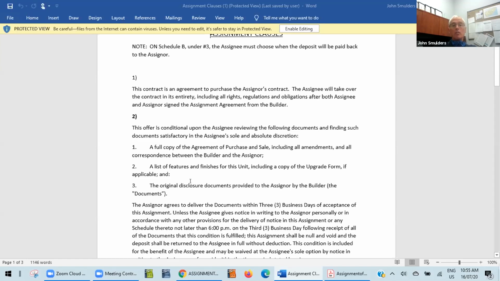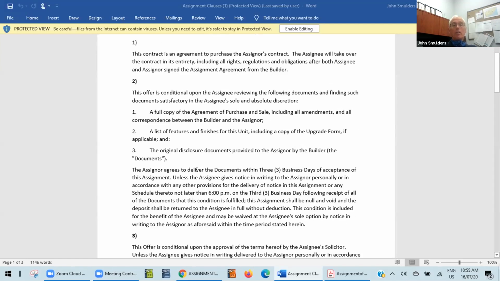The original disclosure documents provided to the assignor by the builder. The assignor agrees to deliver the documents within 3 business days of acceptance of this assignment, and then the buyer has 3 business days following receipt. Sort of almost like a condominium status certificate, except it's the builder's contract.